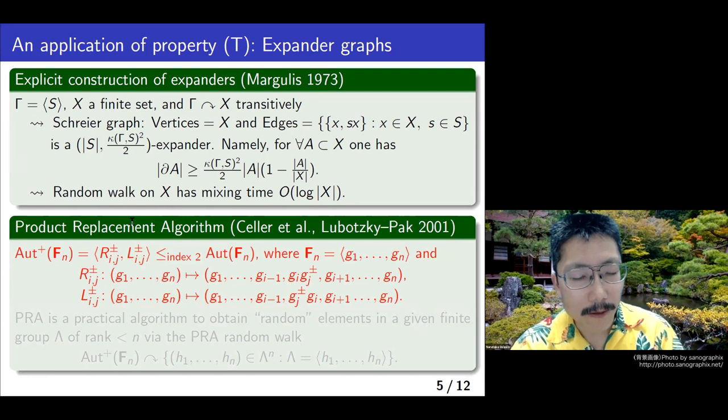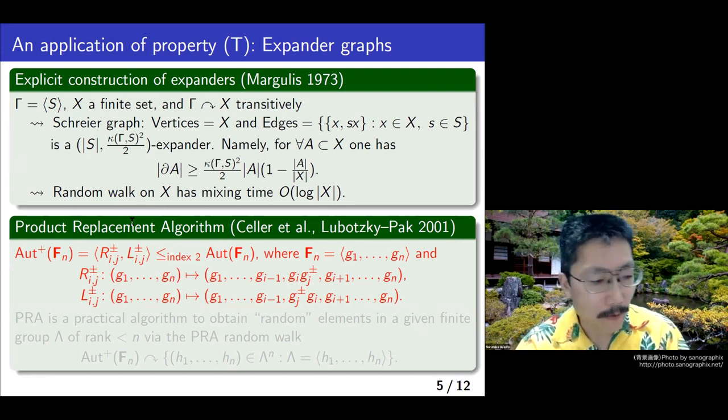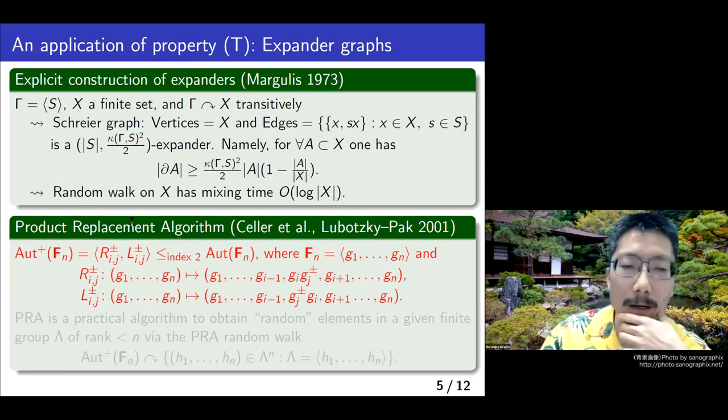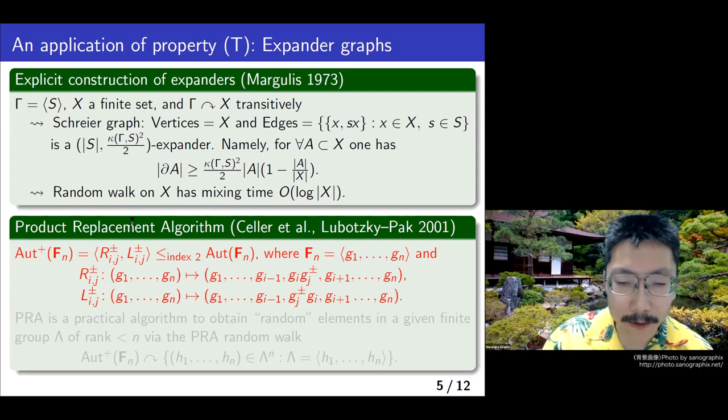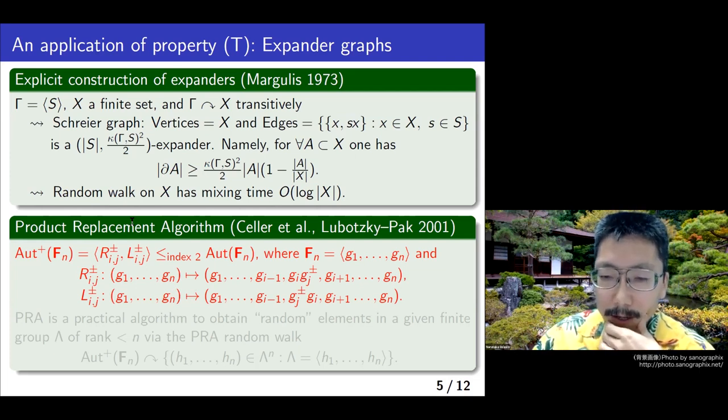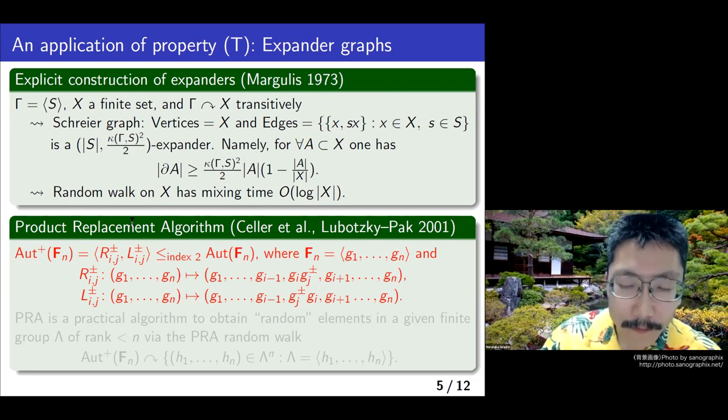If you are given a finite group, there's an algorithm to pick random elements, and this algorithm is really implemented in GAP, Magma, etc., the standard math assistant tools for experiments.